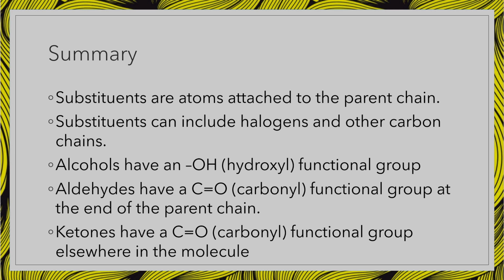Aldehydes have a carbon-oxygen double-bonded functional group at the end of the parent chain, and they form -als. So methanal, ethanal, propanal. Ketones have that carbonyl functional group elsewhere in the molecule, so it's not at the end of the parent chain. It's named with -one, so it's things like propanone, butanone, pentanone, hexanone.